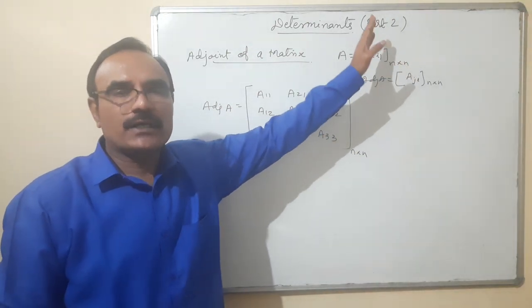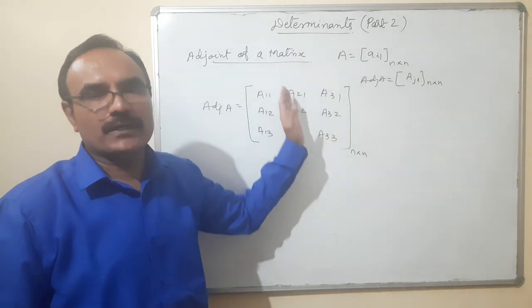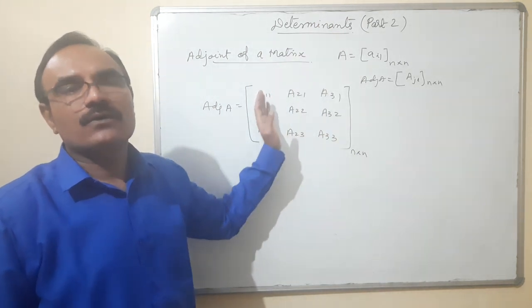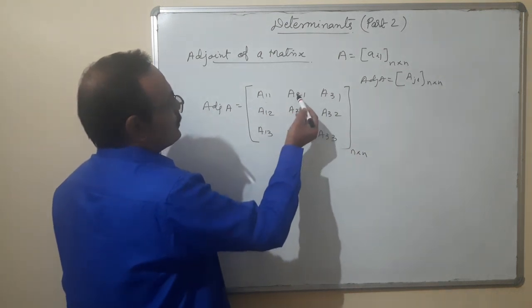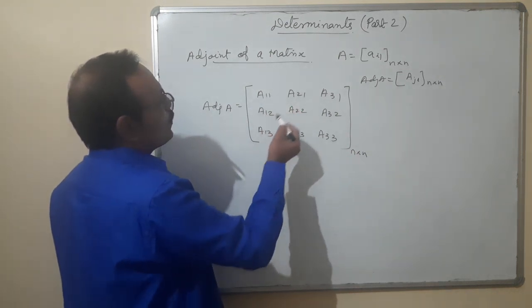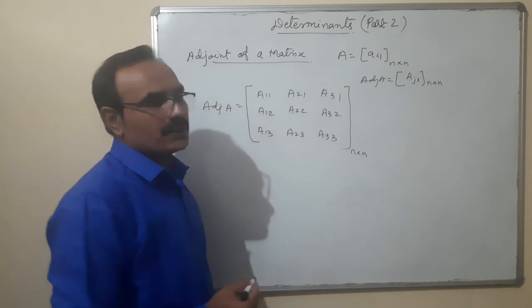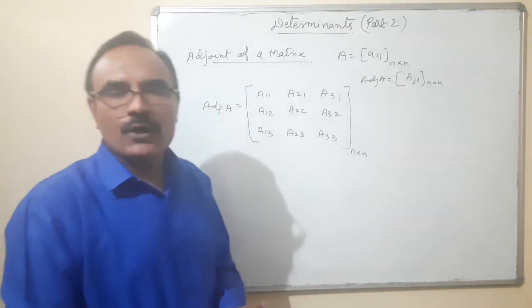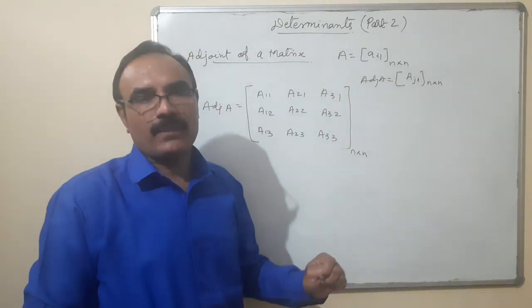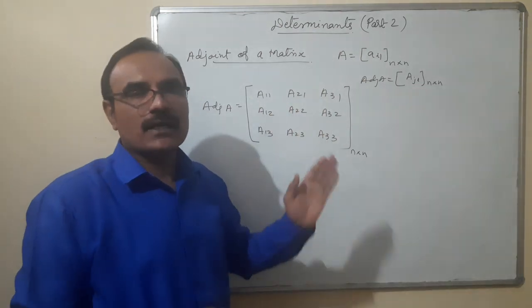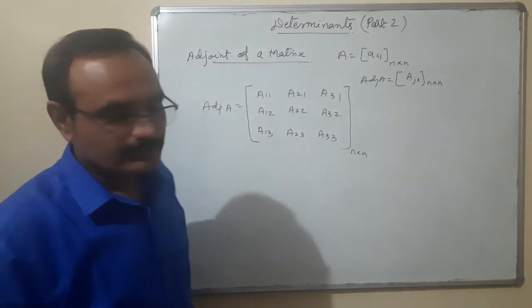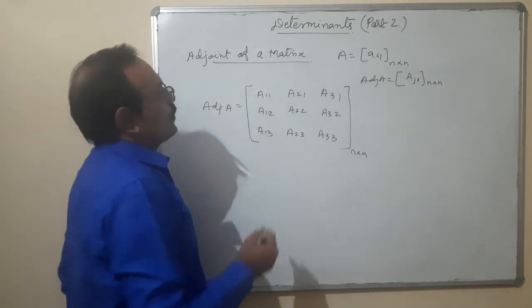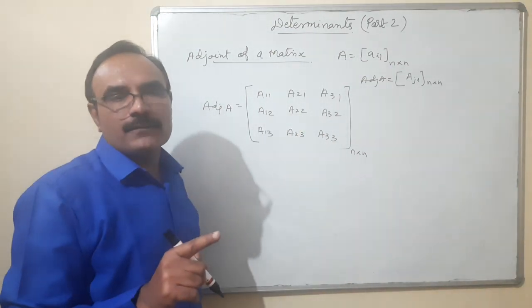So the adjoint is the transpose of these cofactors, A11, 12, 13, 21, 22, 23, 31, 32, 33. These are all cofactors of the matrix A, and these are the cofactors not in the proper order; these are the transpose of the matrix. So what is the definition of the adjoint of A?